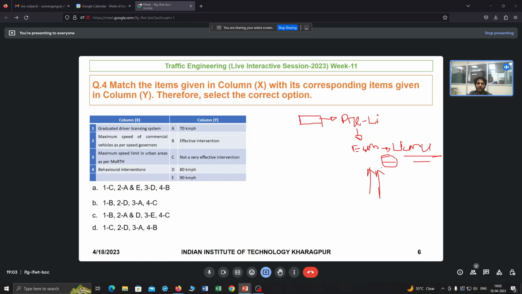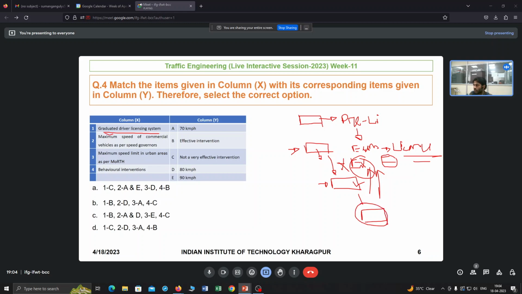To get rid of this, there is a solution called the graduated driver licensing system. You get a kind of pre-license based on your initial exams, and as time passes and you gain more experience, initially you are not allowed to ride on expressways and other roads, and these restrictions are lifted one by one, and then gradually you get a full license after a couple of years, right?